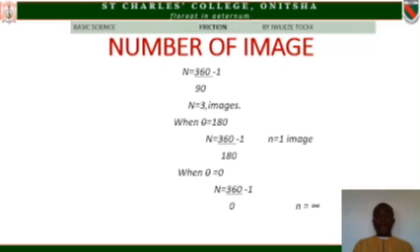When you simplify, you have n equals 1 image. One image is formed. Then when theta is 0, there will be multiples of images formed on the screen of a mirror. The number of images formed is infinity, n equals infinity.